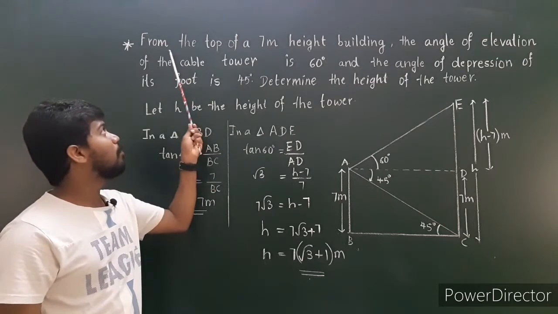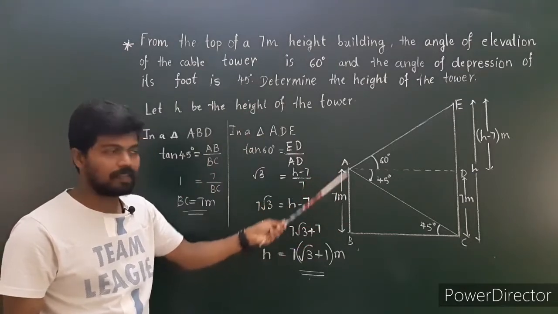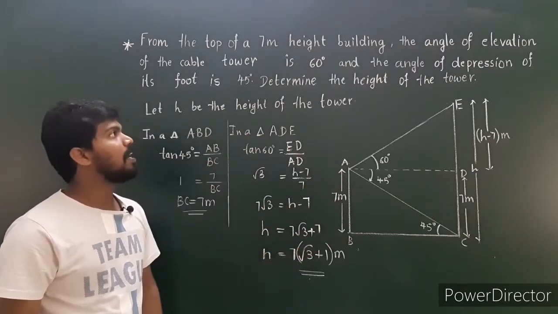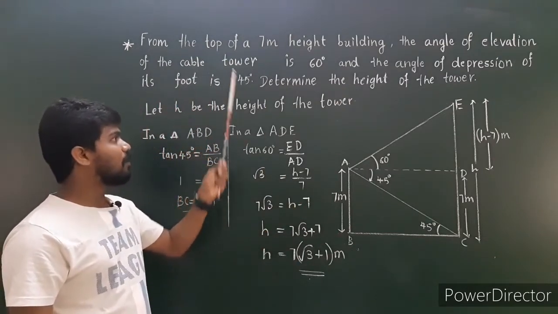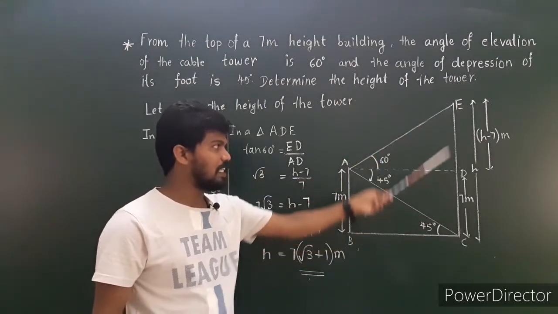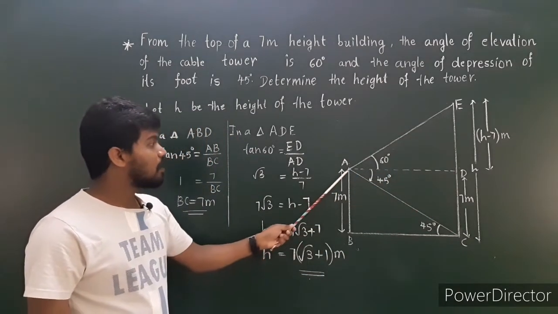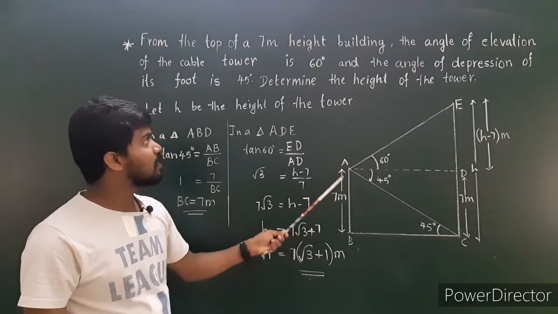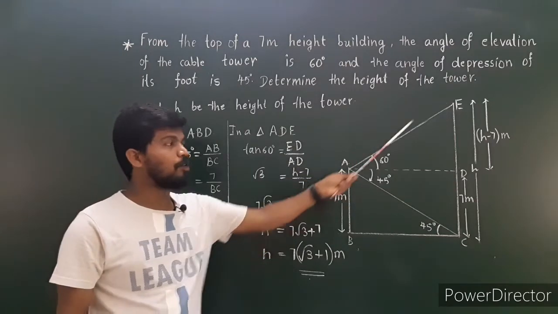So from the top of a 7-meter high building, you see that AB is a building, a 7-meter high building. The angle of elevation of the cable tower. So this is the cable tower, EC. So up to E to C is the cable tower. The boy is standing here, that fellow is seeing upwards.